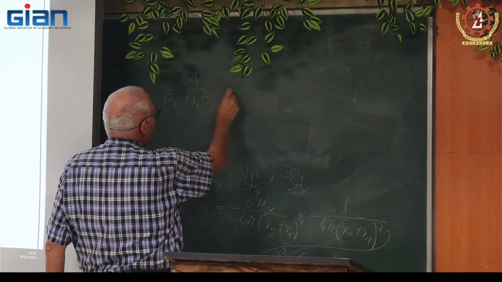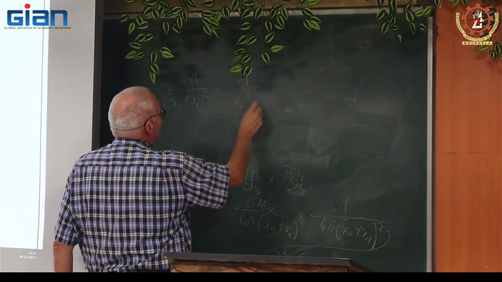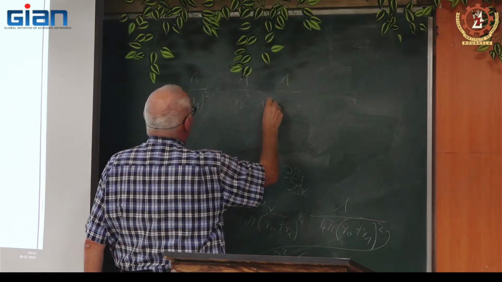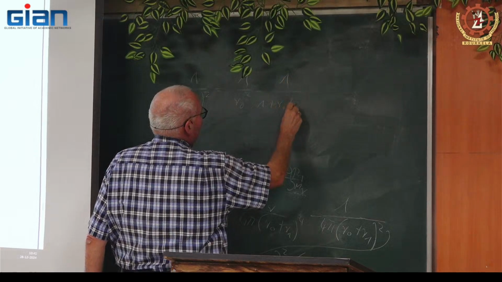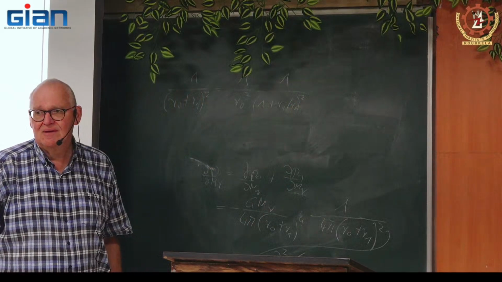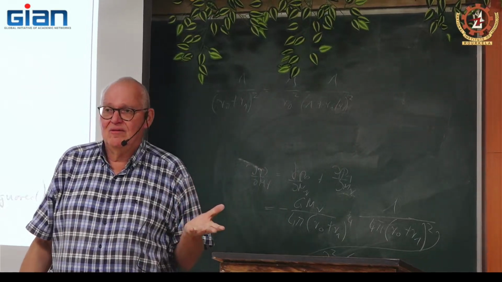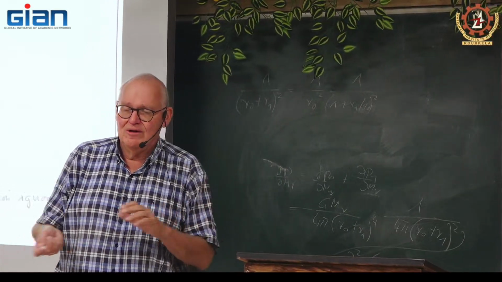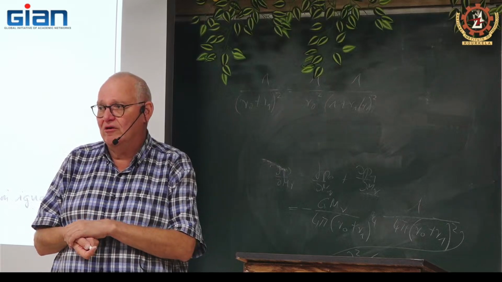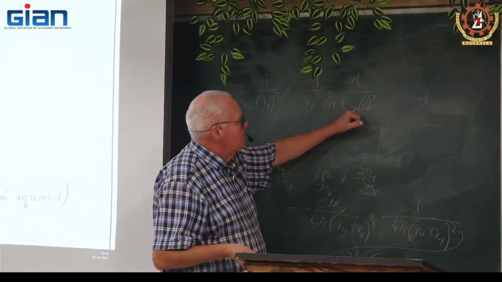We take out of this bracket 1 over r0 squared times (1 plus r1 over r0) to the power 2. Now we assume that r1 is small compared to r0. This is our assumption.